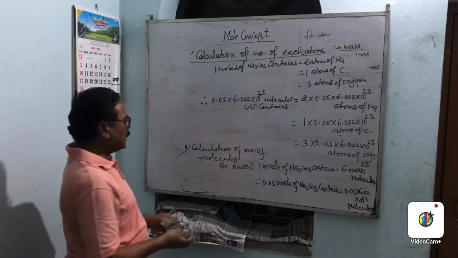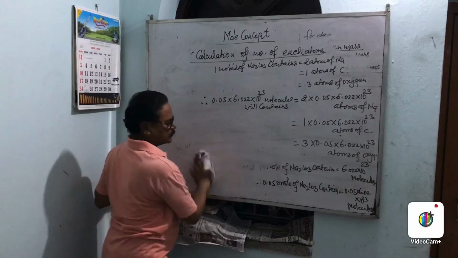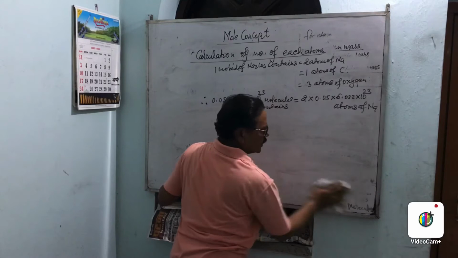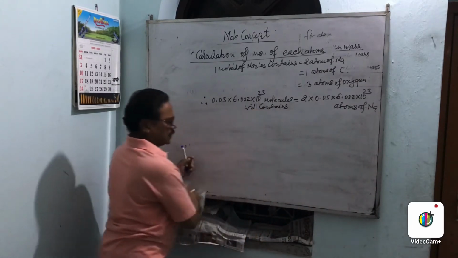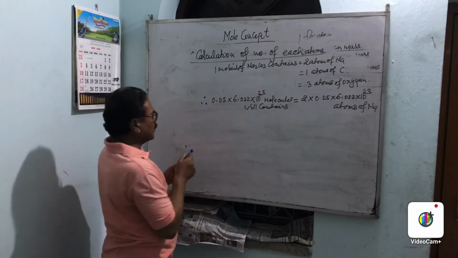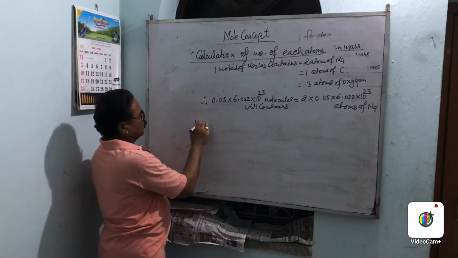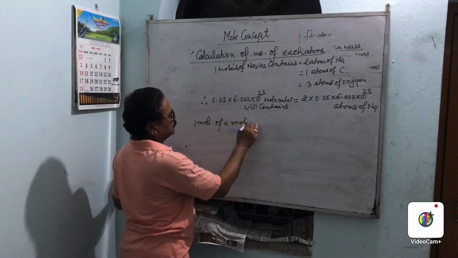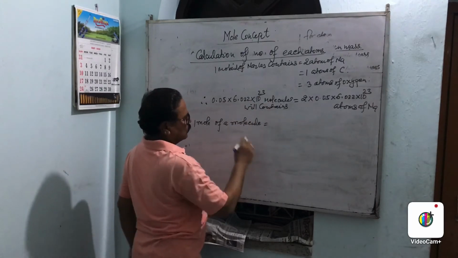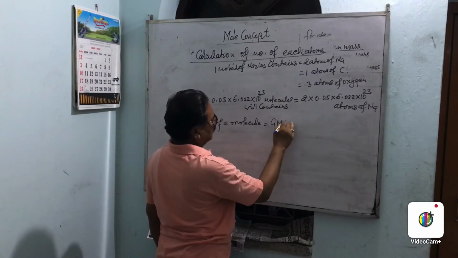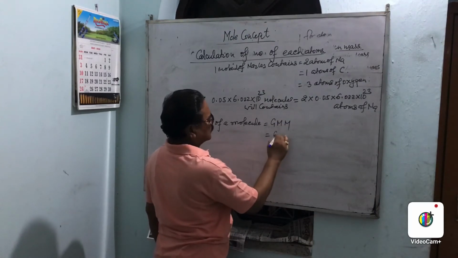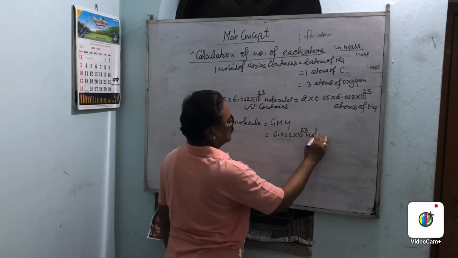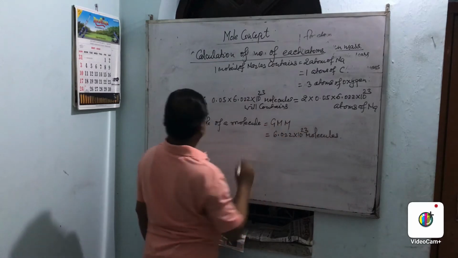So we can easily calculate problems based on the mole concept. Now one thing is left, that is volume. Suppose we have mole and volume, how will we calculate the volume on this concept? We have the formula relating mole and volume. 1 mole of a molecule is equal to its gram molecular mass, which is equal to 6.022 into 10 to the power 23 molecules, right?